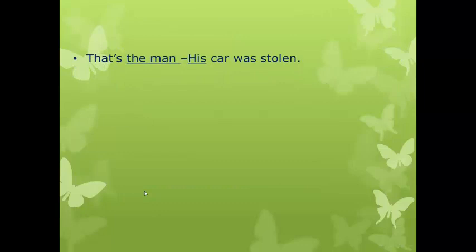Let's go further. Another example. That's the man. His car was stolen. We have two sentences as well here. Join them using whose. We do the same. We replace the possessive adjective his with the relative pronoun whose, and we delete the full stop like this.